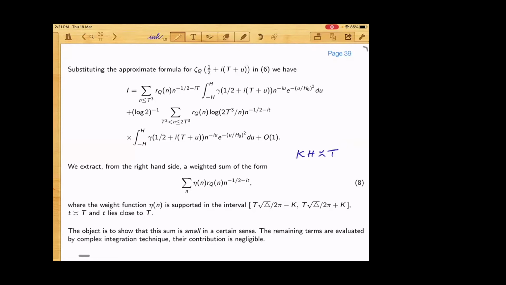So if you want to show a gap of h, then you need to estimate this sum around capital T in an interval of length capital K. The object is to show that this exponential sum is small. All other terms, apart from this, can be shown to be very small. They don't contribute anything; they go to error because of Stirling's formula for gamma functions and also complex integration.